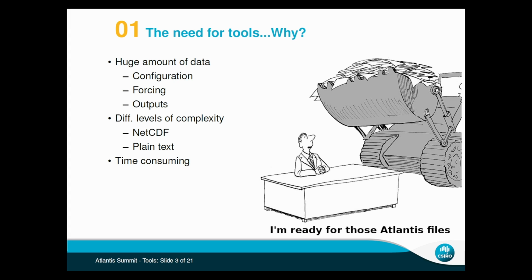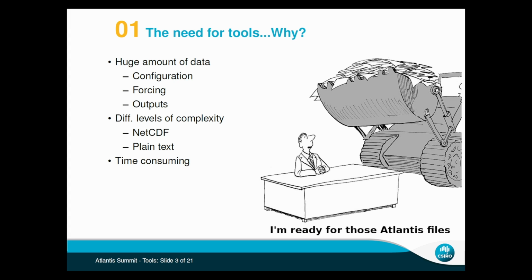So why do we need those tools? Many of you have been working with Atlantis for many years, and you know that Atlantis has a huge amount of data. There are different types of data that you can have in terms of format. You have netcdf or plain text, but you also have files that come from the configuration, files that are used for the forcings, and files that come out from Atlantis as output.